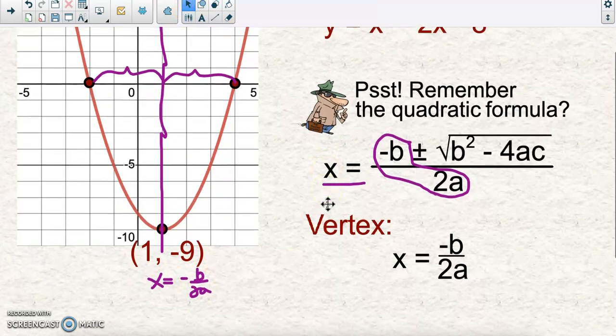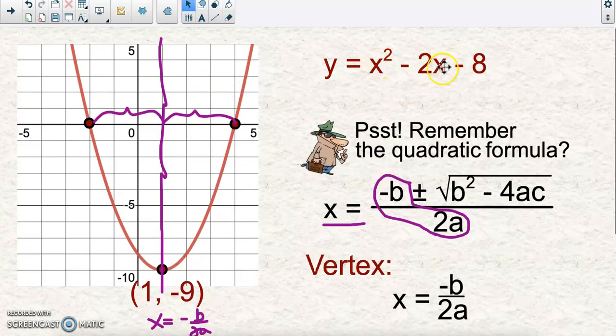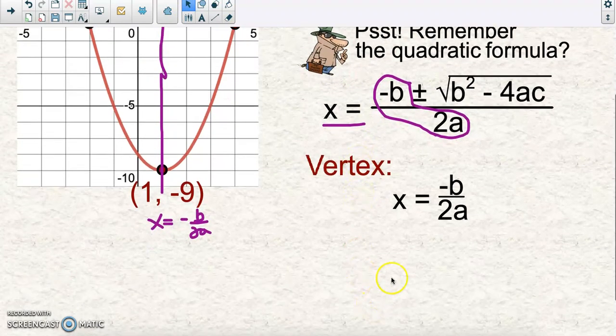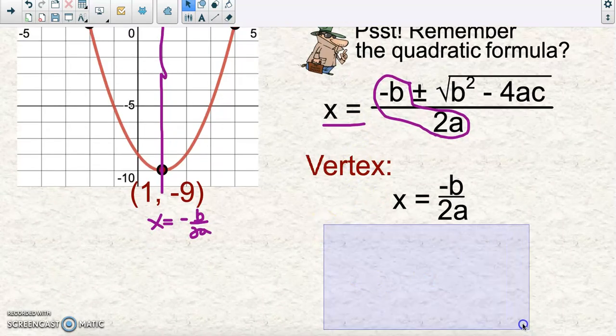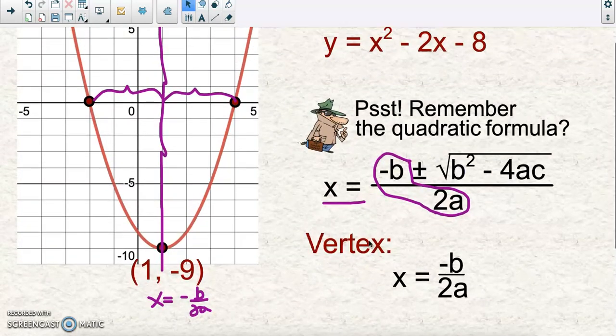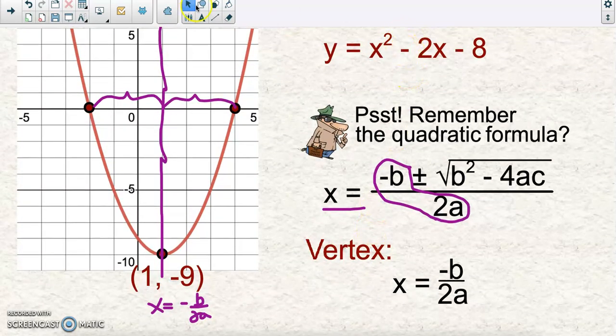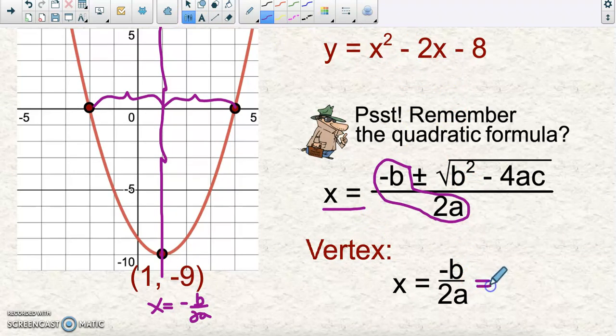So in this case, how could we find the vertex super easily? All we have to do is put in negative b. In this case, that's negative negative 2, all over 2 times a.